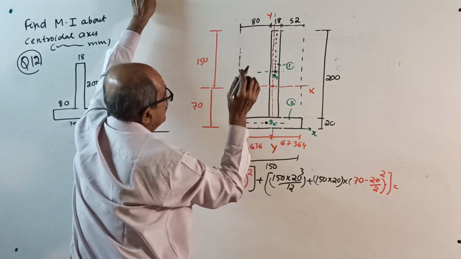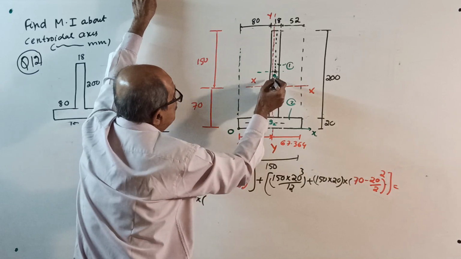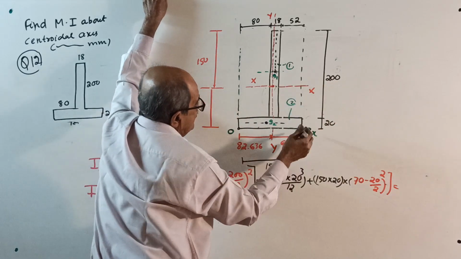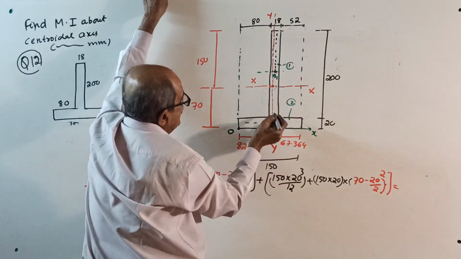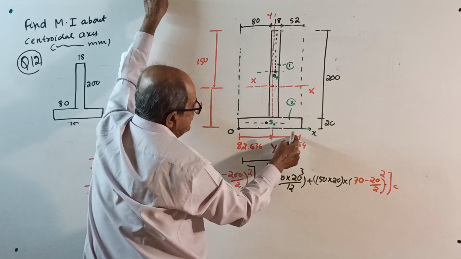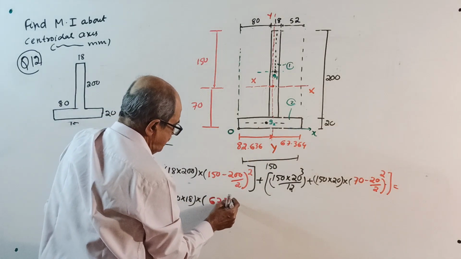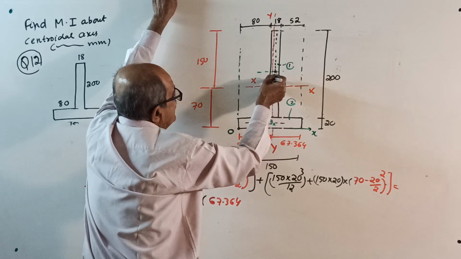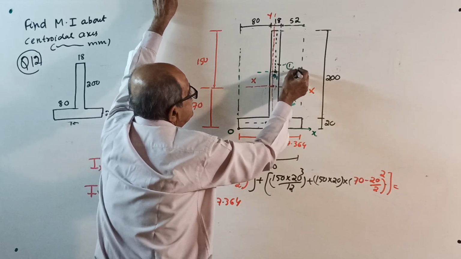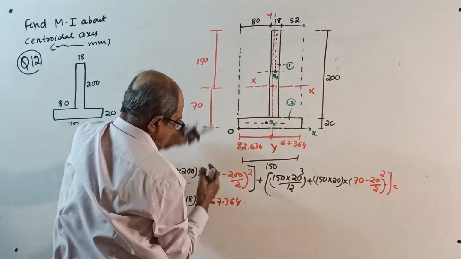Two options for you. One option is from the extreme edge to this axis, which is 67.364. From 67.364, subtract this distance, that is 52 plus half of 18.